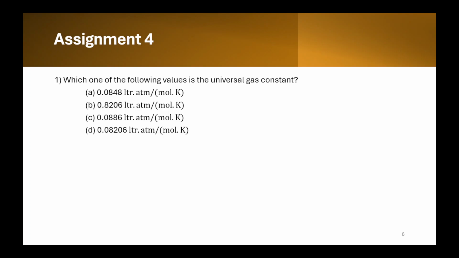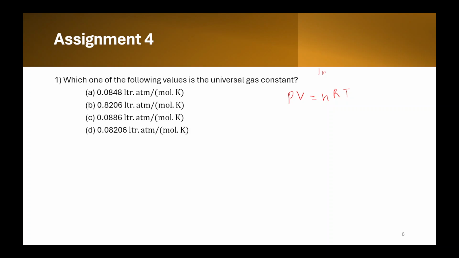First question: which one of the following values is the universal gas constant? Can anybody give me the answer for this? Anybody present? What would be the correct answer here? Firstly, look at the units. PV is equal to nRT.